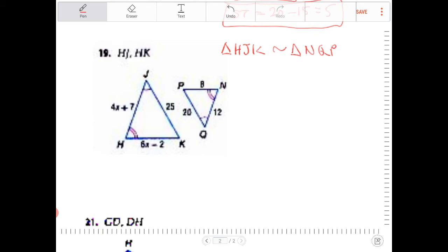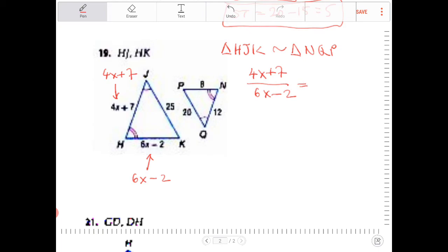So HJ is 4x plus 7 to HK, which is 6x minus 2. This is 6x minus 2. And this is 4x plus 7. Again, my apologies for these things not looking as clear as they really should be.